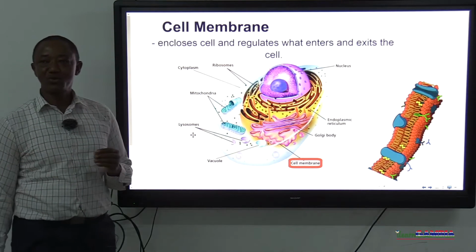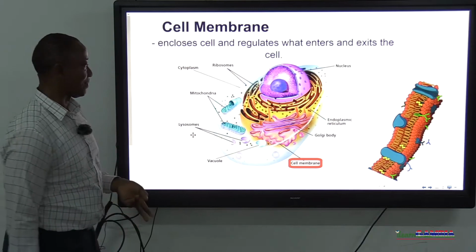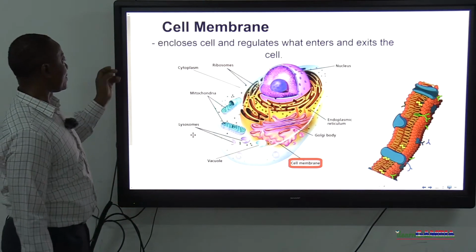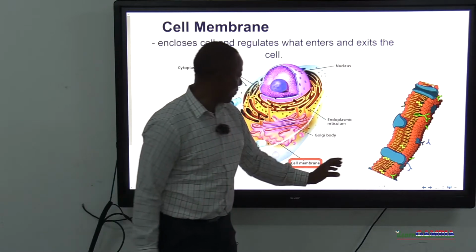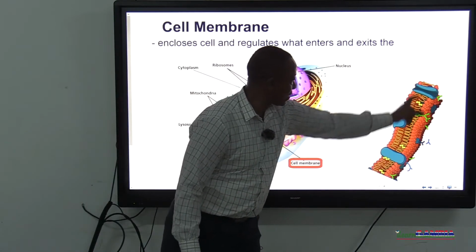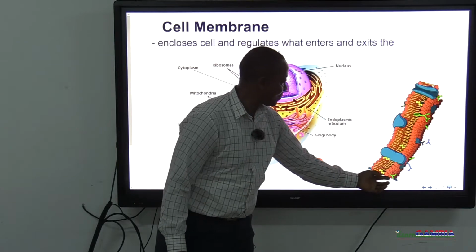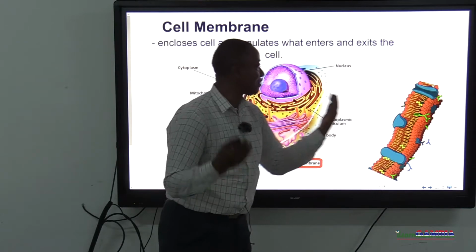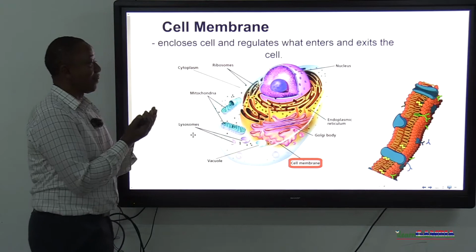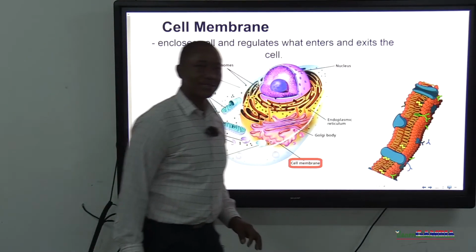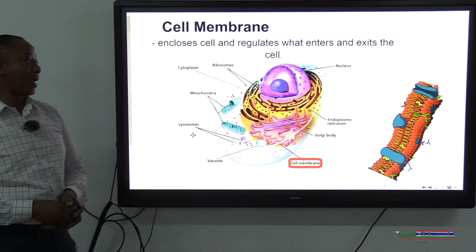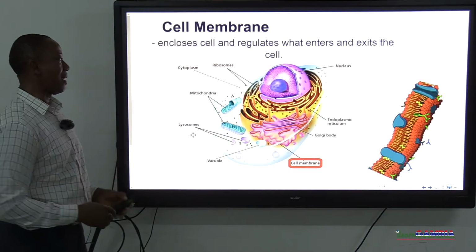Remember we said it controls what comes in or what goes out of the cell. And so, looking at the cell membrane which is surrounding the cell, when you look at it in detail, this is what it appears like. It's made up of tiny units that are all joined together. But they have some specific areas where they are able to allow substances to pass in and out.